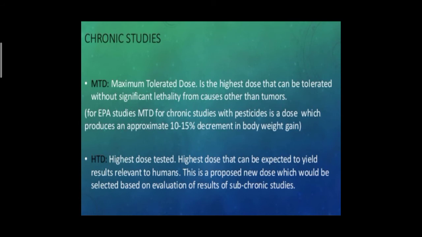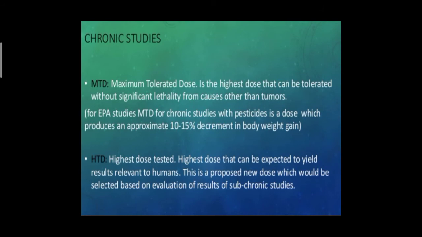So for chronic studies, we use the maximum tolerated dose and the highest dose tested. The maximum tolerated dose is the highest dose that can be tolerated without significant lethality from causes other than tumors. The particular animal can tolerate the highest dose. So what we have seen in the acute toxicity studies is finding the low, mid and high doses.